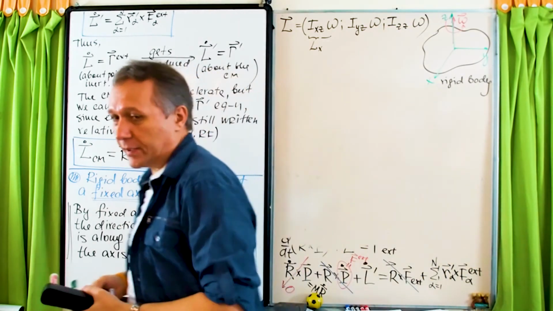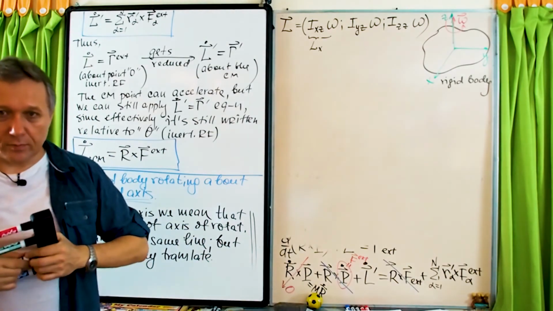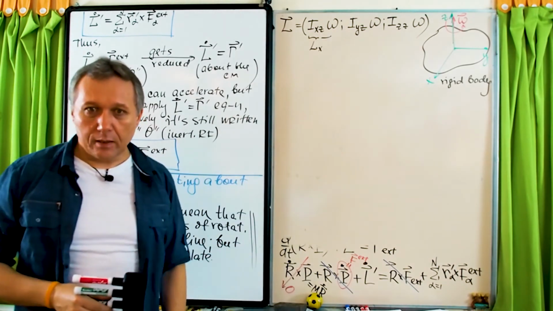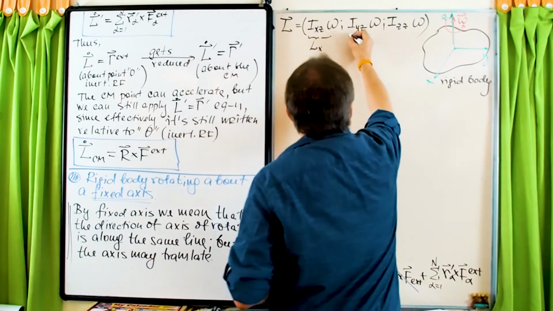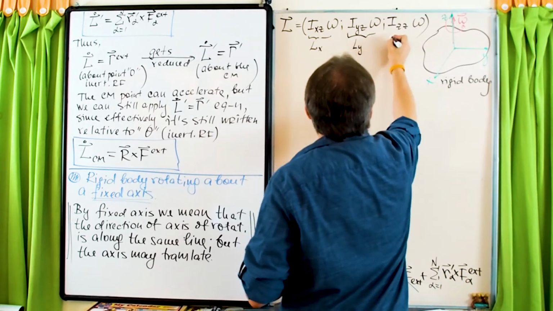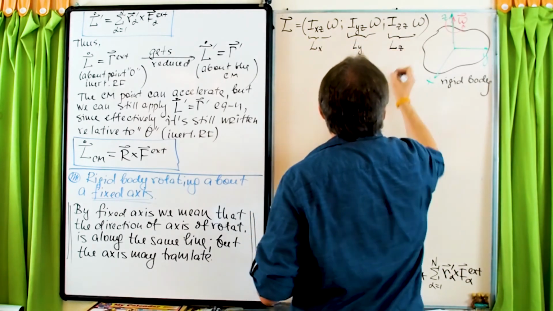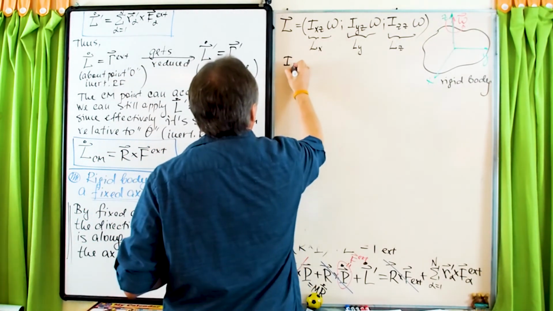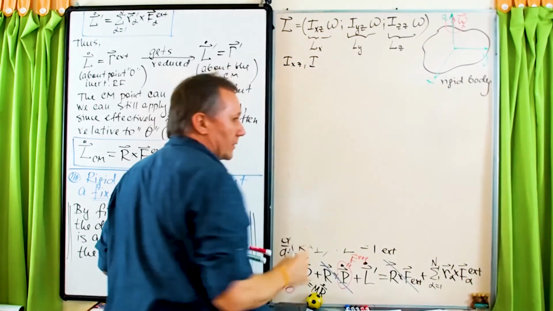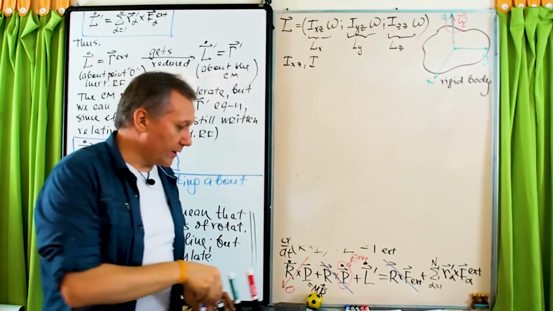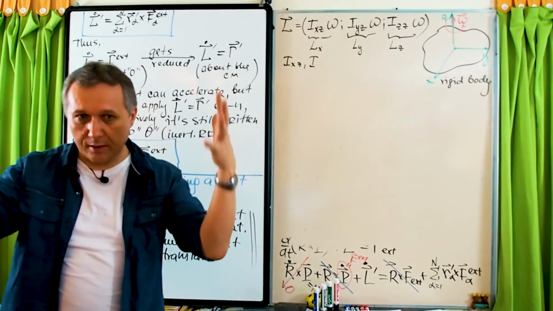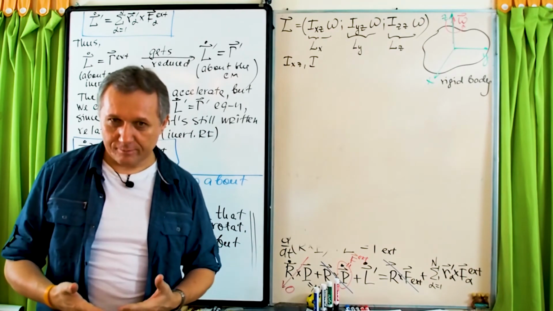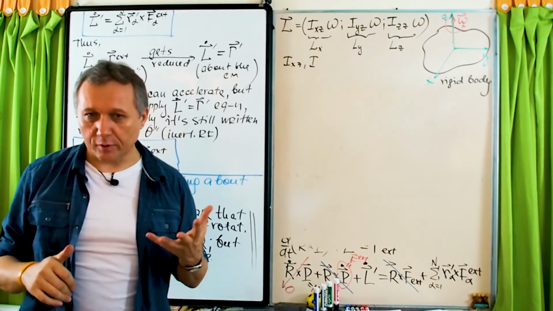Of course, these are just three elements out of the tensor, because we fixed the axis of rotation only along the z-axis, so the rest we can dump. So this is L_x, this is L_y, and this is L_z. You remember that diagonal elements in that tensor of inertia are called moments of inertia, and off-diagonal elements are called products of inertia.